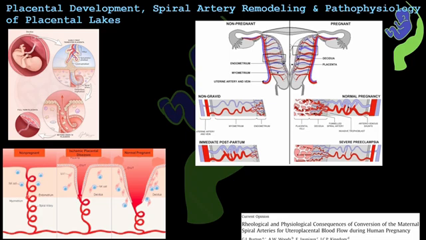Initially, they are the ones responsible for the formation of the plugs in early gestation, and later they migrate along the lumen, replace the endothelial cells and also destroy the smooth muscle cells. Now, after all this, the spiral artery gets converted from a narrow contractile tube into wide, flaccid and low resistance conduits.